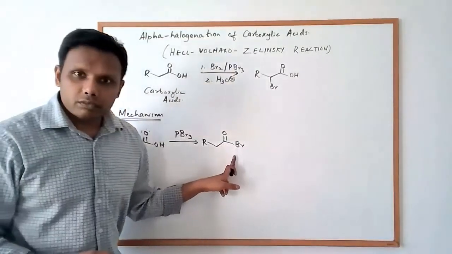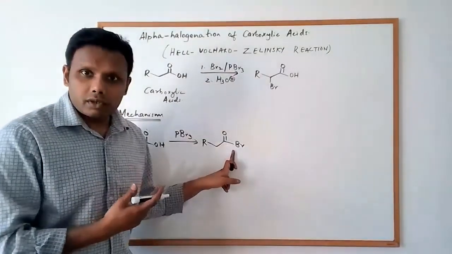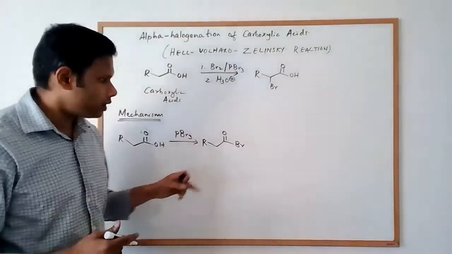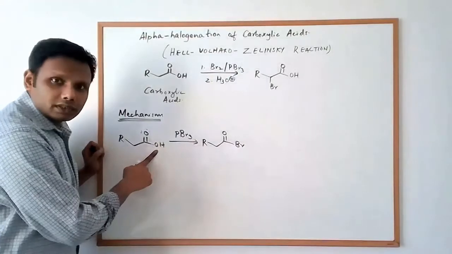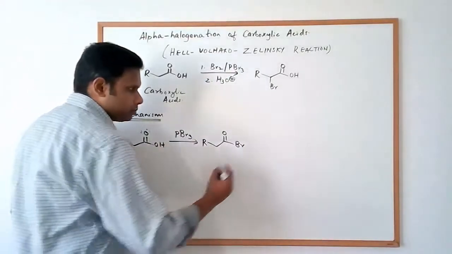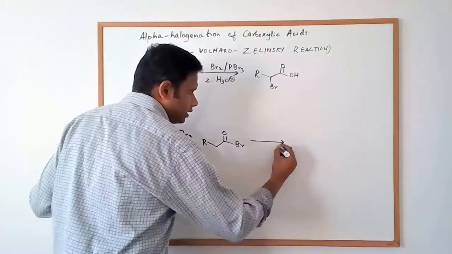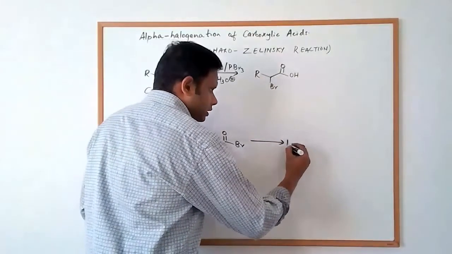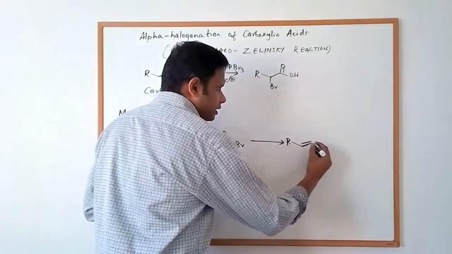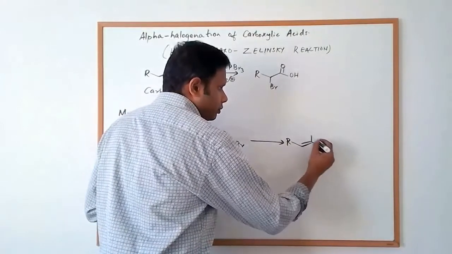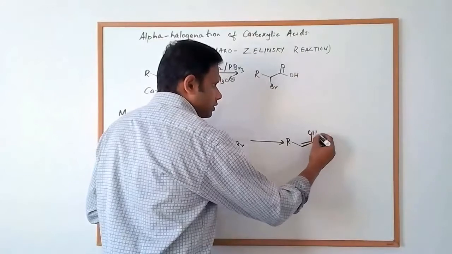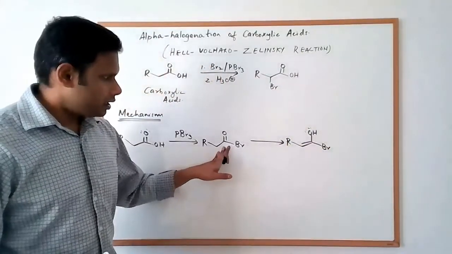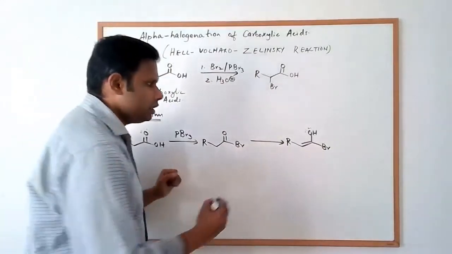This is similar to the acyl halide or acyl chloride that we've seen before. Then this acyl bromide, under our reaction conditions, can form an enol of the acyl bromide.